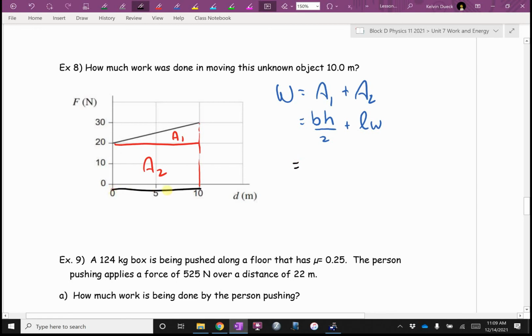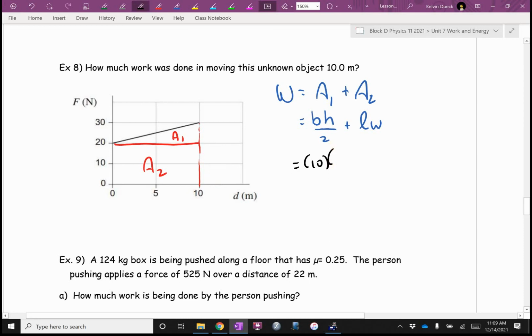How long is the base of this rectangle? 10. Not 2? 2 squares. You gotta look at the numbers. Good. What's the height of this rectangle? 20.